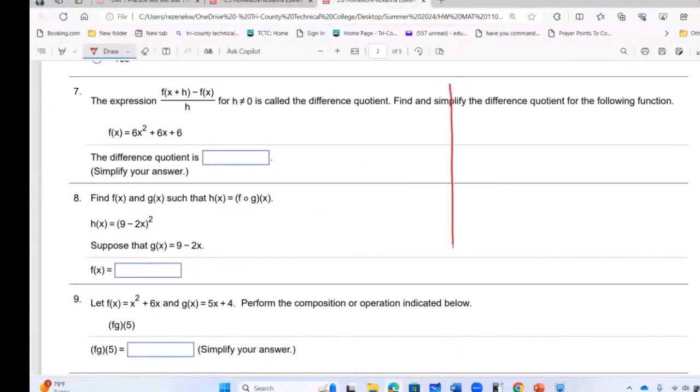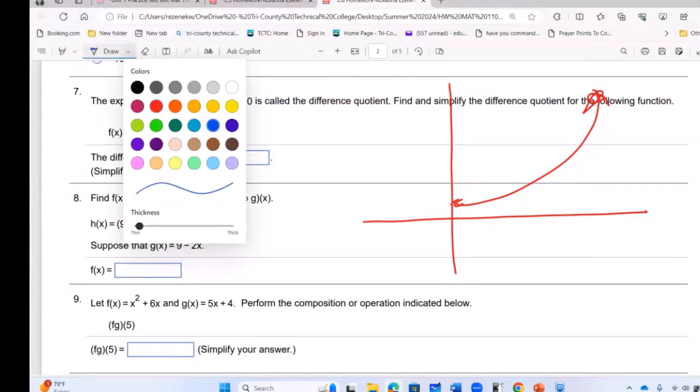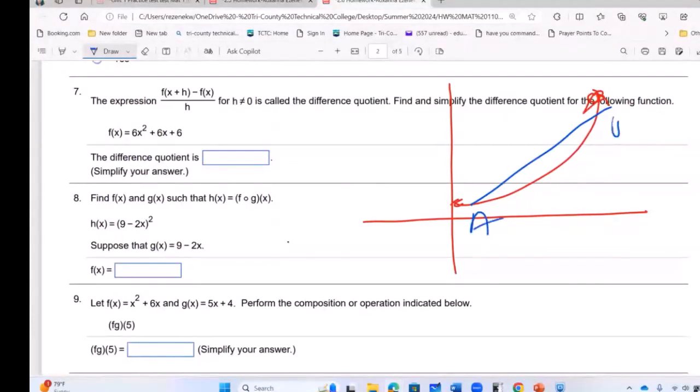Maybe in future or even now, you can be given a sector of a circle or a curve. You can be given a curve, and there is a point A and a point B, where the point A is x, comma f of x, or x, comma y.